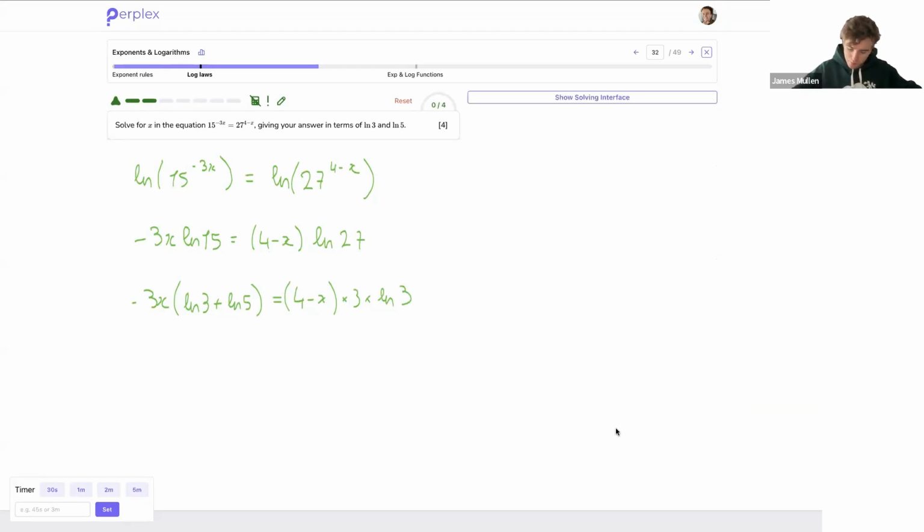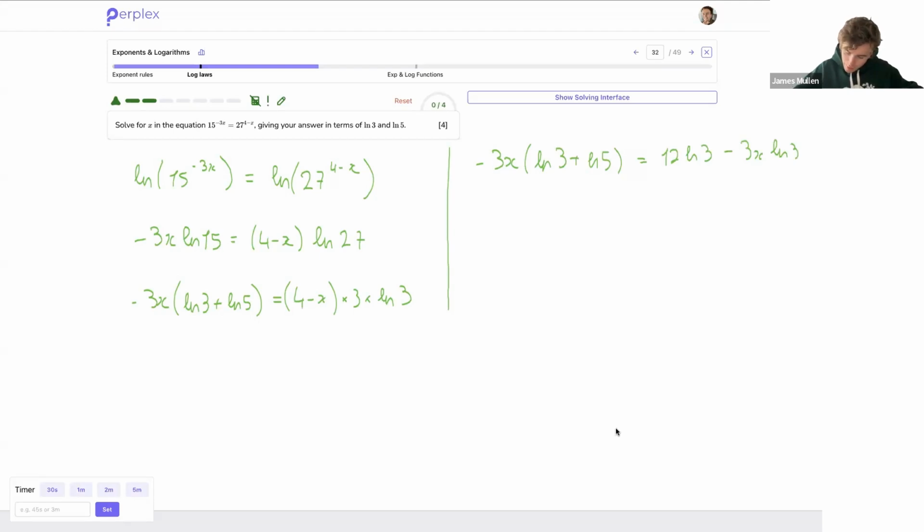So now if I continue, what do I have? I'm going to try and expand the right-hand side. So I'm going to get negative 3x times ln 3 plus ln 5 is equal to 4 times 3 is 12 ln 3, and then minus 3x ln 3.